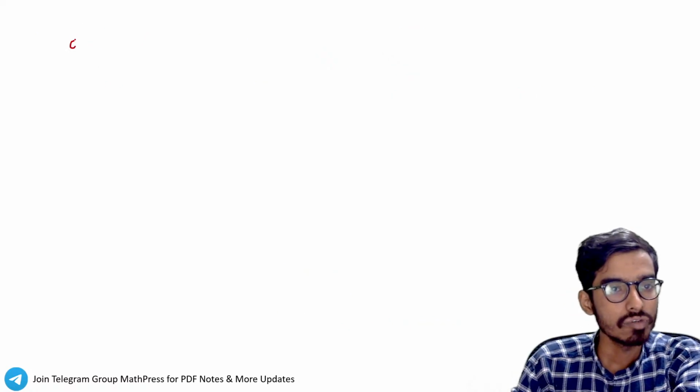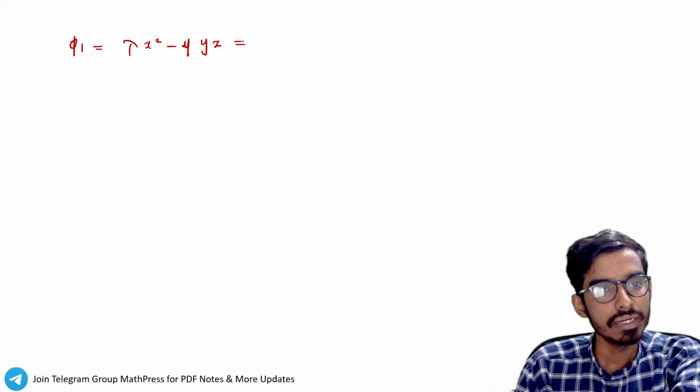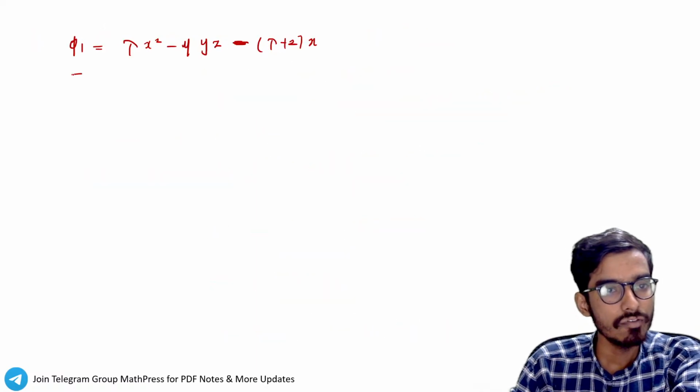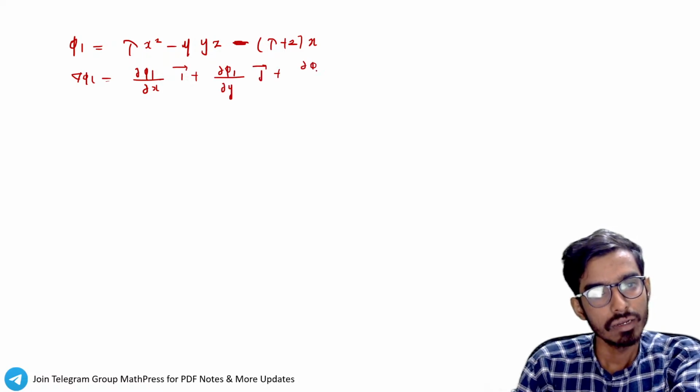Okay, so what is our first surface phi1? It is lambda x square minus mu into yz minus lambda plus 2 into x. So we will find del phi1. Del phi1 is dou phi1 by dou x i vector, dou phi1 by dou y j vector, dou phi1 by dou z k vector.